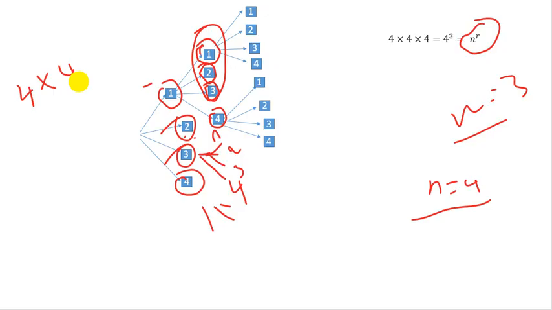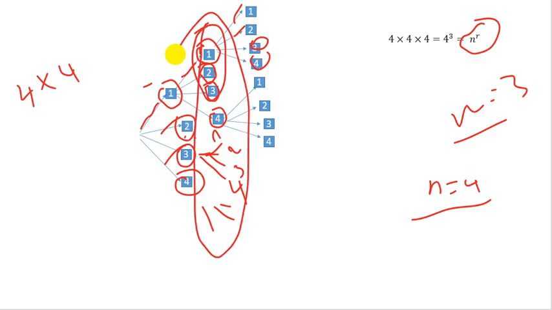Now if I want a third number, if the first is 1 and the second is 1, the third can be 1, can be 2, can be 3, can be 4. So I have here 16 cases, and each case will now be multiplied by 4. Again times 4. If I need 4 numbers, I will also multiply it by 4.